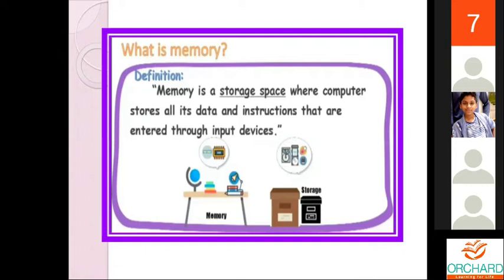Each address holds one alphanumeric character, and each character is represented in the storage location by a string of binary numbers. Binary numbers in the sense zeros and ones, that are treated as units. It is a storage space where the computer can store all its data and instructions that are entered through our input devices.